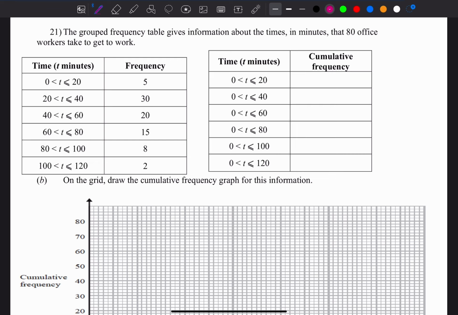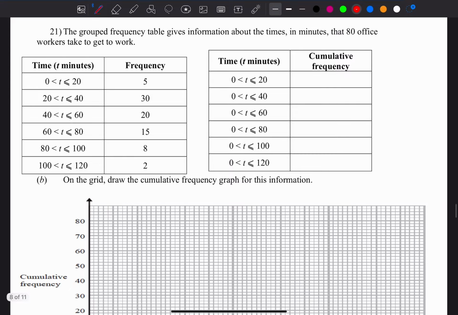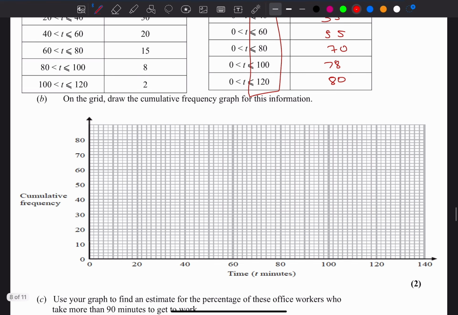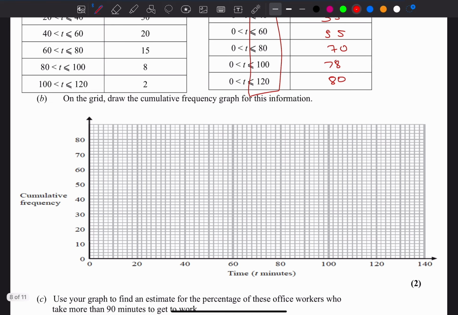The next one, cumulative frequency. Make sure you keep adding the frequencies. 5, add up 35, 55, add up 15, which is 70, 78, 80 in total. Yep. And you always use the last 2 numbers, 20 and 5. It's very hard to see in this one.